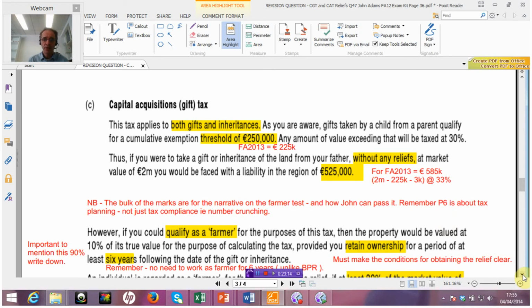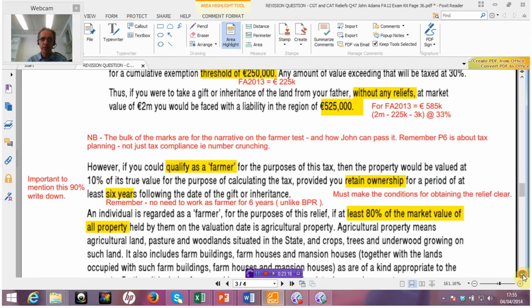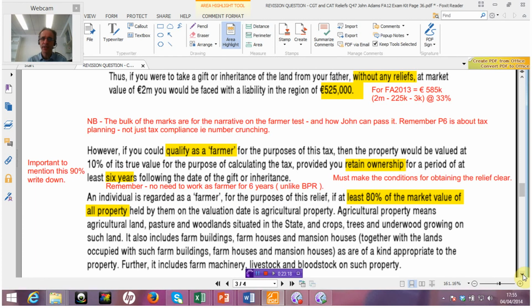Okay, so if we move down a little bit further, what we see here is that on the face of it, it looks as if agricultural relief could be in play. But if we've learned any detail about agricultural relief, we'll know that that write down of 90% is subject to the farmer test being achieved, as it were.